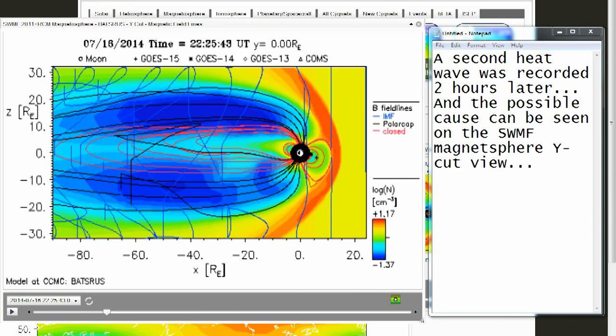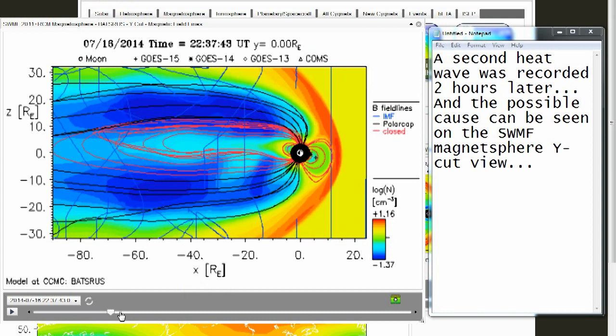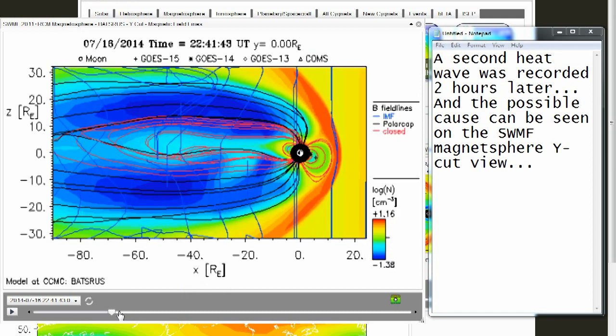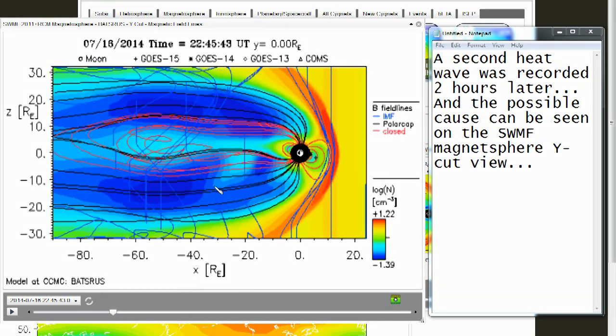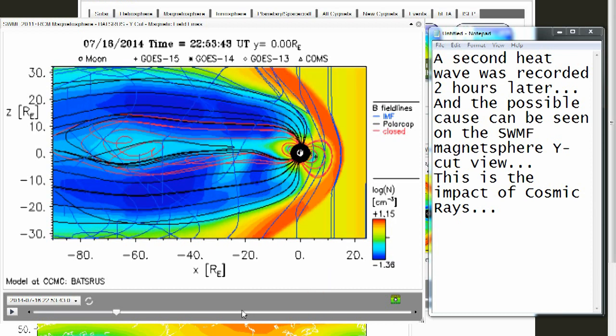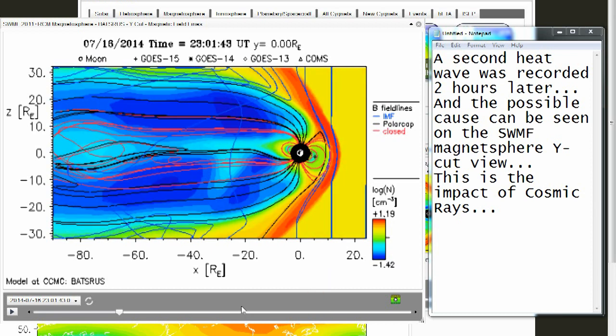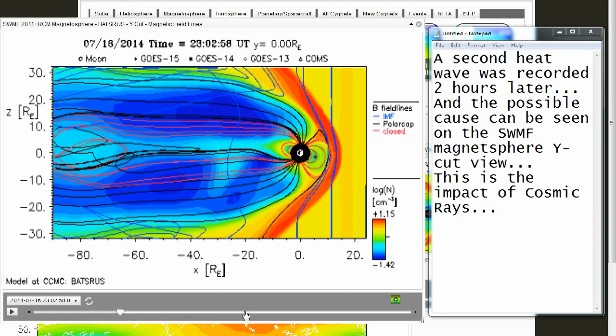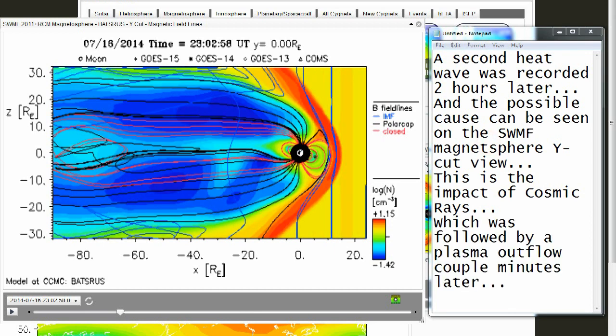And the possible cause can be seen on the SWMF Magnetosphere Y-cut view. This is the impact of cosmic rays, which was followed by a plasma outflow a couple minutes later.